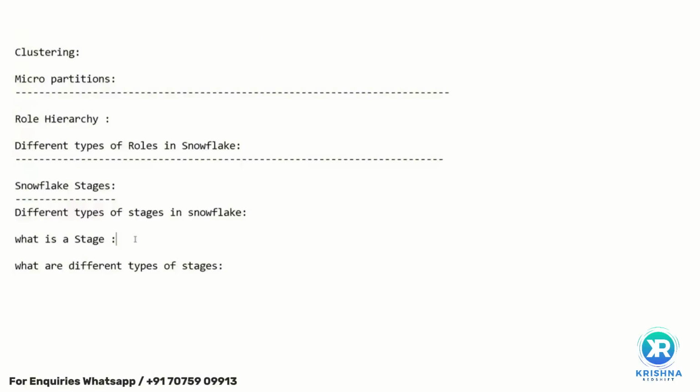Actually, we know in the real-time environment something called source, stage, and target. In the stage we pull the data from source to the staging layer, and within the staging layer we process the data and then load it into the target database.